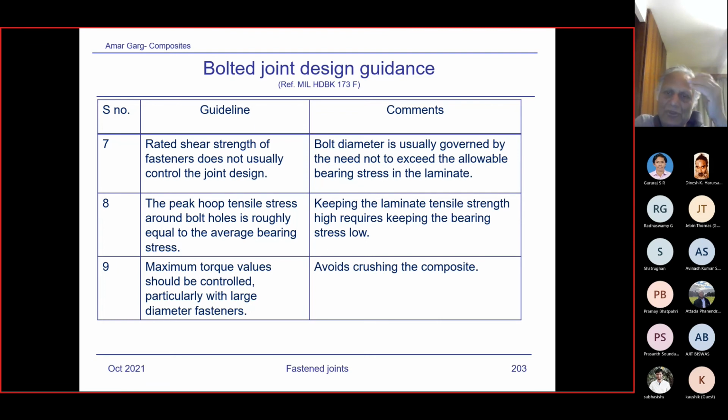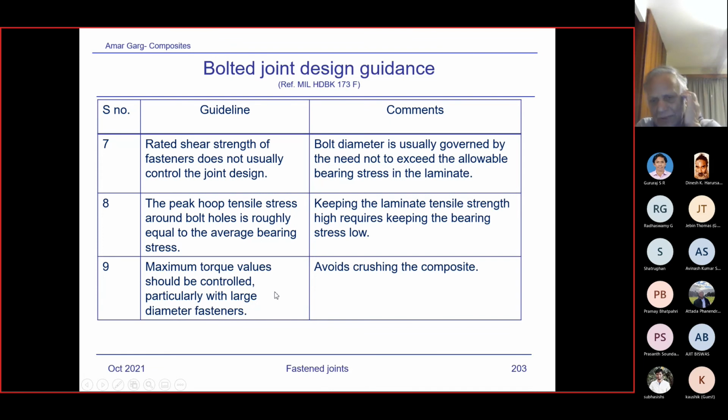So bolt diameter is usually governed by the need not to exceed the allowable bearing stress in the laminate, not based on the shear strength allowable for the bolt. The peak hook tensile stress around the bolt hole is roughly equal to the average bearing stress. Oh, these are already shown, so don't worry. Maximum torque values should be controlled, particularly with large diameter fasteners.